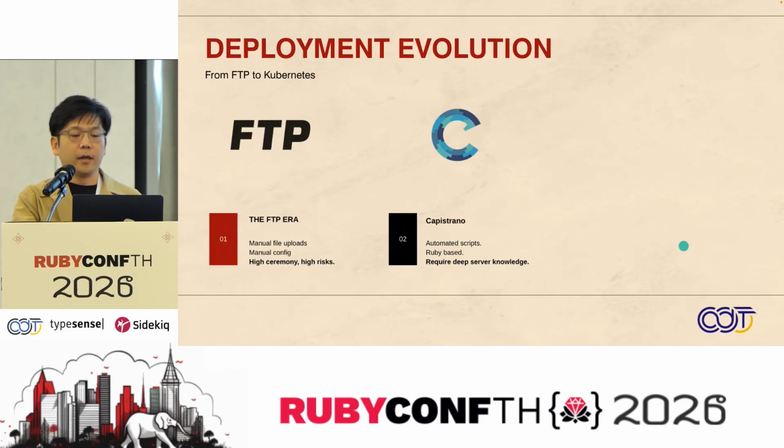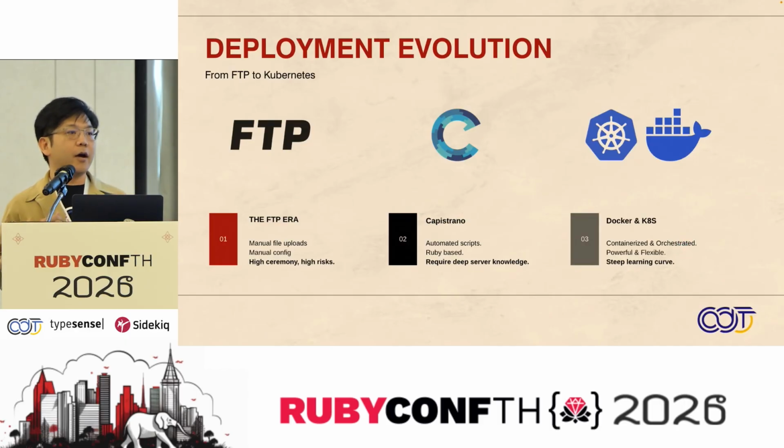So now comes the era of Docker and Kubernetes. We build a Docker image for the app, define deployments, services, and ingress in YAML, and let Kubernetes schedule containers on the cluster.